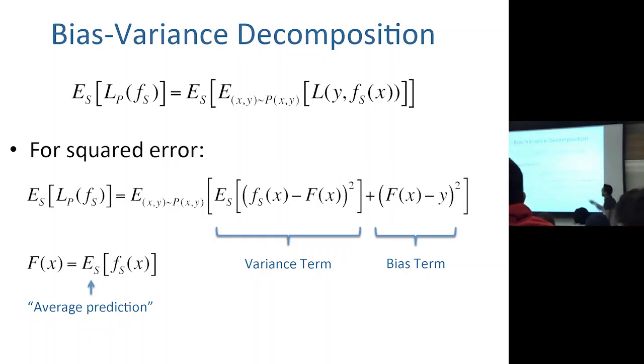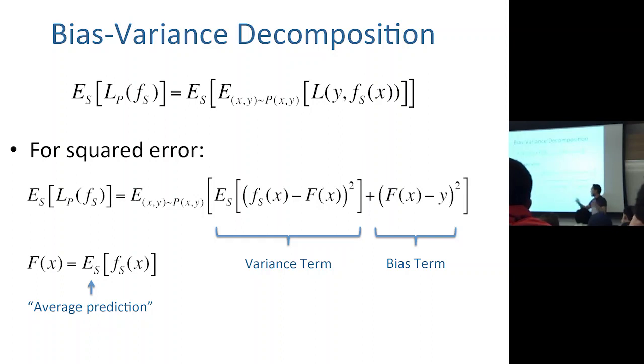The first term is over the expectation of your training examples. What is the average squared distance between the prediction of your learned model versus the average prediction? So capital F sub x is the expected prediction of all the models you train.